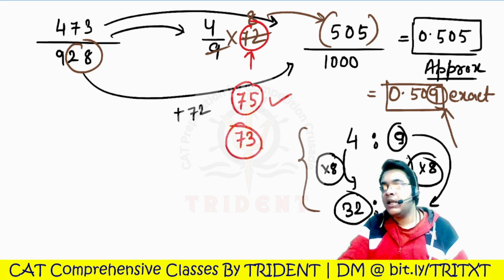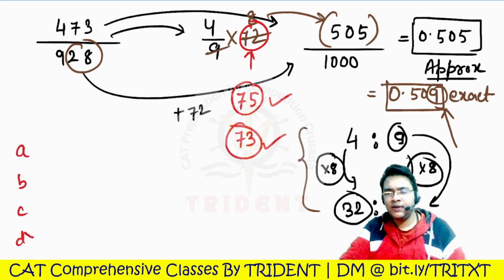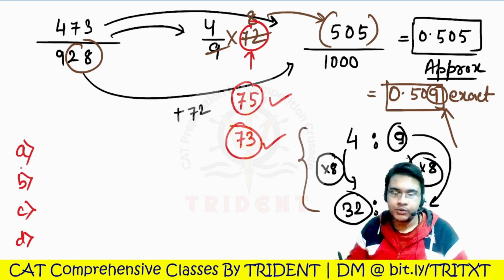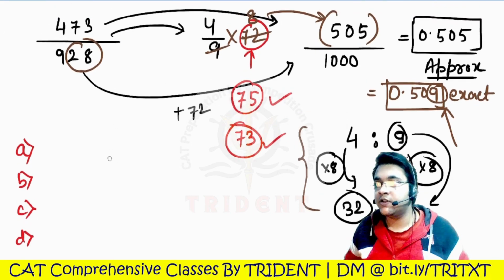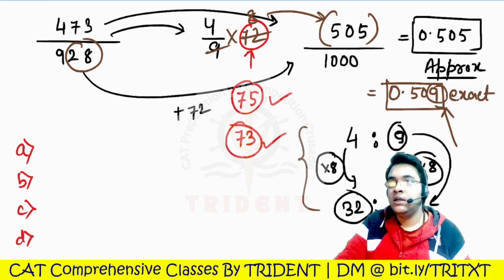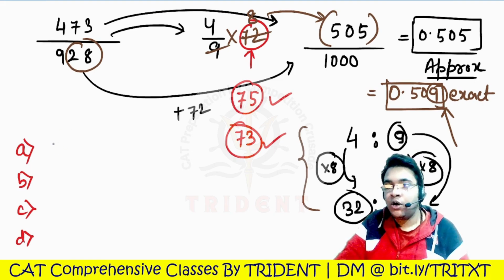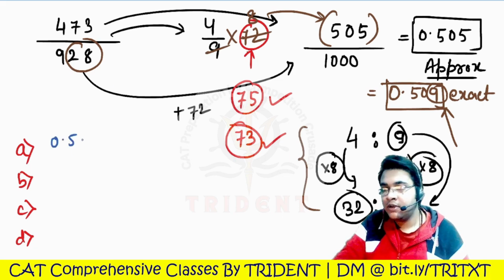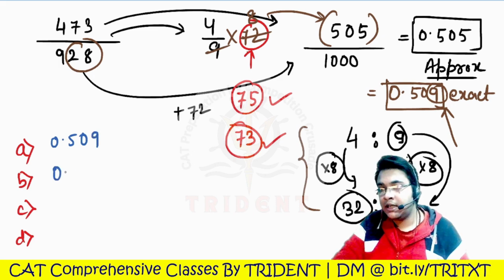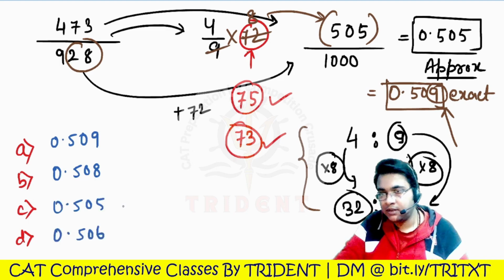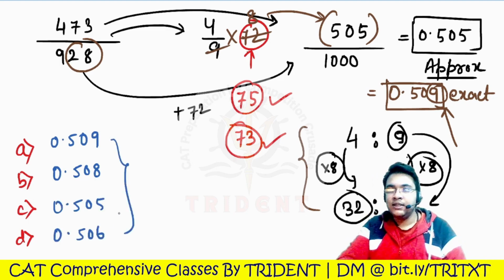Now depending upon the options of the DI caselet, if at all you get a DI caselet in which you have the options, please pay attention to what I'm trying to emphasize. Depending upon the options given to me, if the options are closer, let's say 0.509, 0.508, 0.505, 0.506 or something like that, if options are like this, you leave the question.